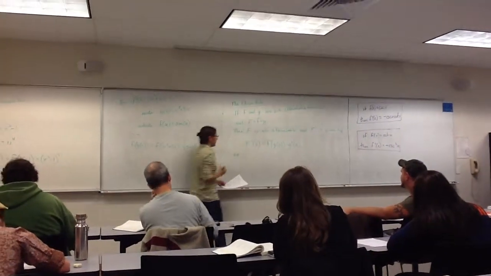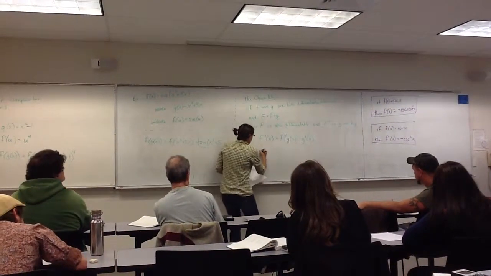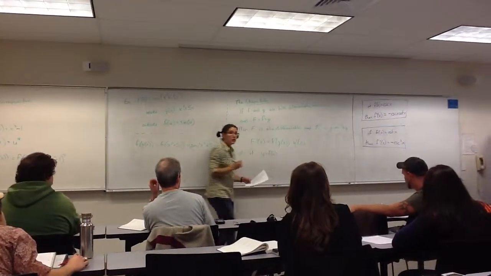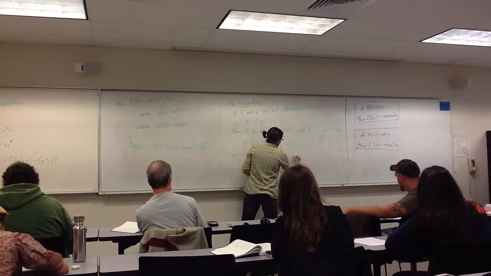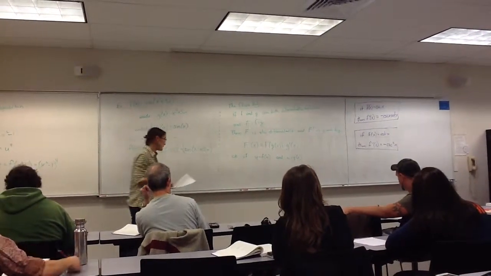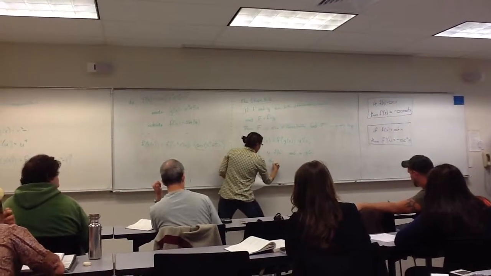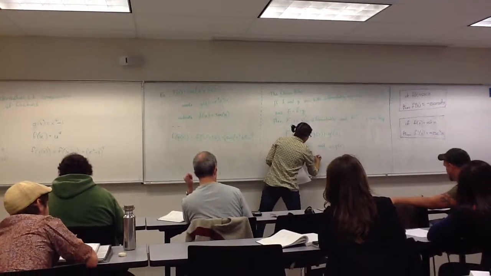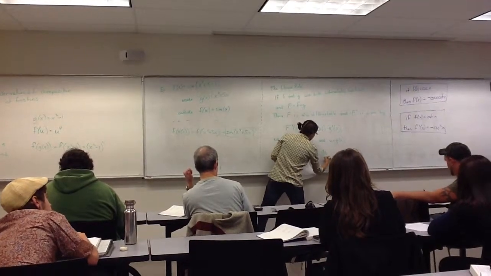Or, an alternative notation here, is if we allow y to be f of u, and u to be g of x, then dy over dx is equal to dy over du times du over dx.